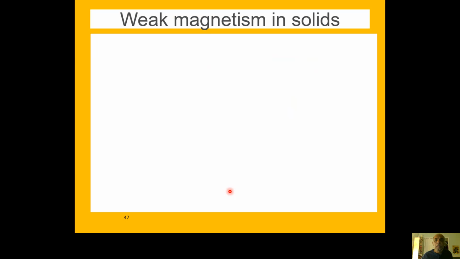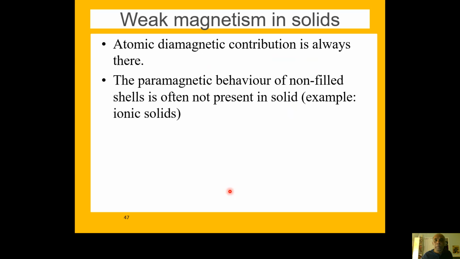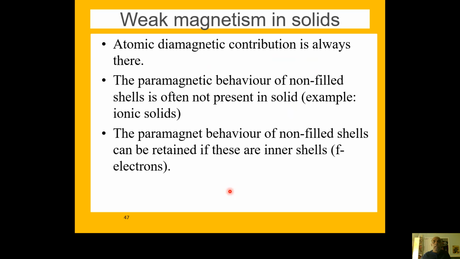So if you summarize this, we can say the atomic diamagnetism we showed is always true, right? That's coming from the Larmor precession. Then this paramagnetic behavior comes from non-filled shells, right? That is coming from these unpaired electrons. So basically things like ionic solids, like you have these 4f electrons.